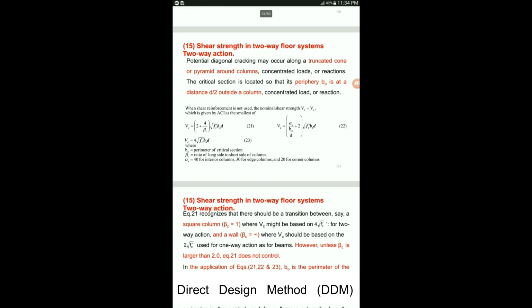Normally, equation 23 here usually governs. The variables in all these three equations have been explained here. The code says that even when shear reinforcement is provided, the nominal shear strength, which is the combined effect of the shear strength provided by the concrete and the shear strength provided by the shear reinforcement, should not exceed 6 root f'c into b0 into d.